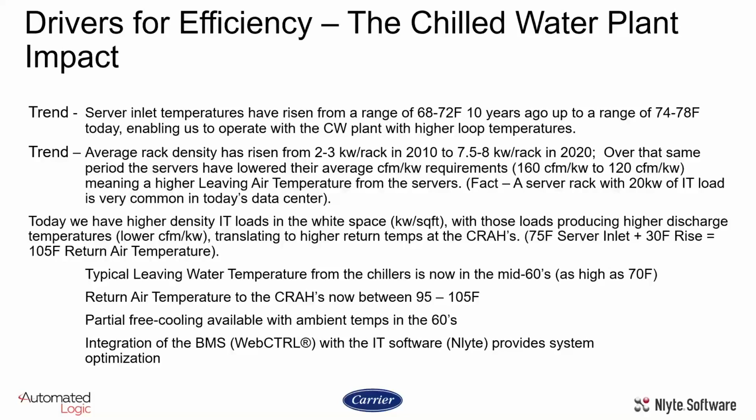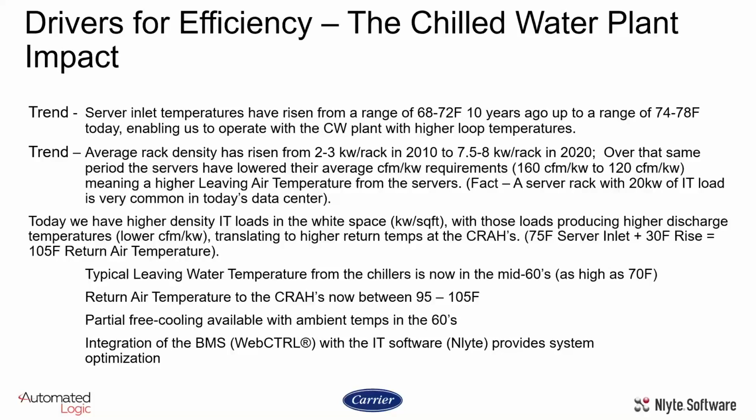Over a span of 10 years, we've seen server inlet temperatures rise from a range of 68 to 72 degrees Fahrenheit to a range of 74 to 78 degrees Fahrenheit. This has enabled us to operate with increasingly higher chill water loop temperatures.